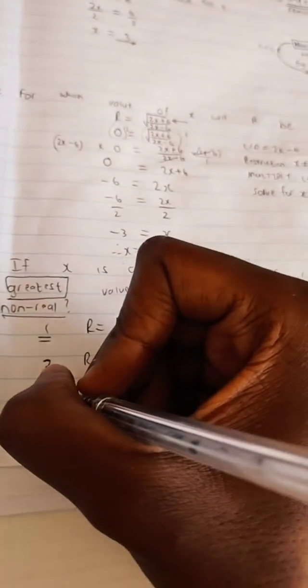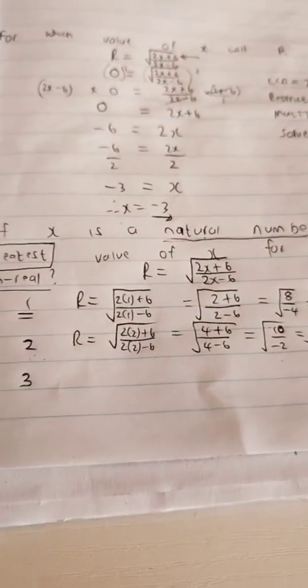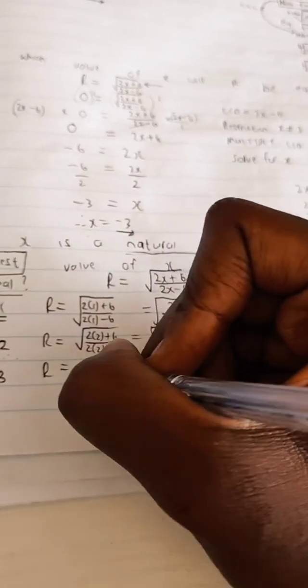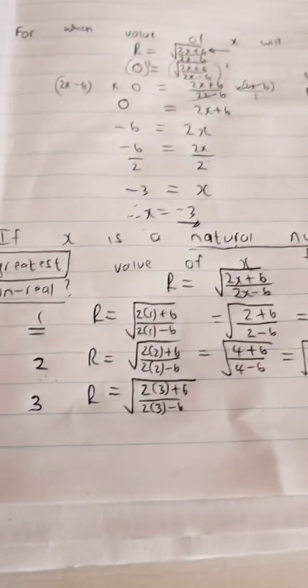But let's check the next natural number and see, do we get a non-real number? Let's see. 2 times 3 plus 6. Maybe you guys can finish it off for me and see, do we still get a non-real number? You guys confirm for me in the comment section. Let me just hold it right here for now.